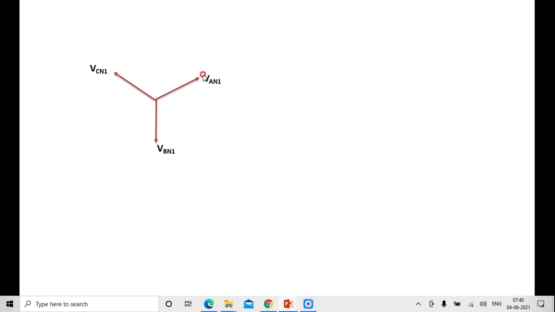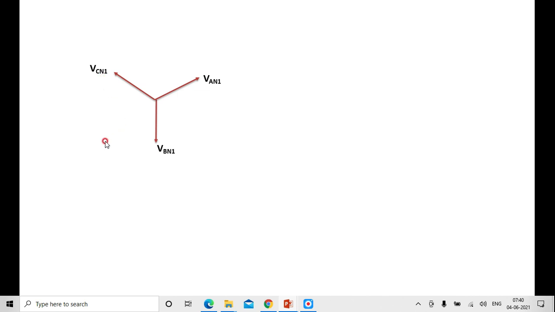VAN1 is the positive sequence component of phase A per phase, VBN1 is the positive sequence component of voltage B per phase, and VCN1 is the positive sequence voltage of phase C per phase. These are the phase values of VAN1, VBN1 and VCN1.